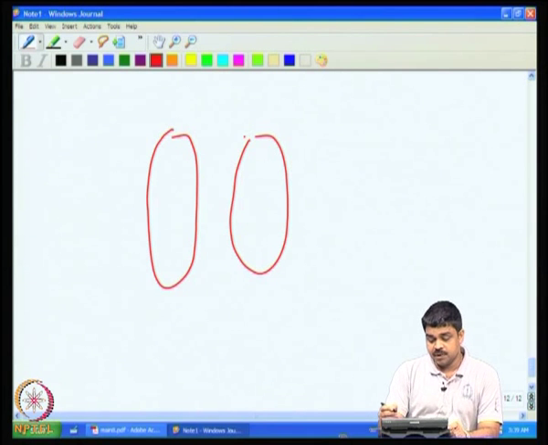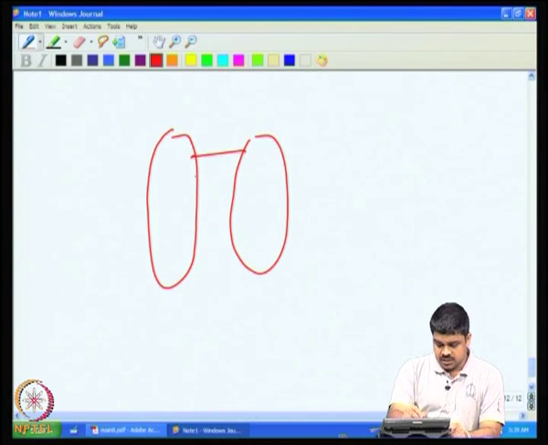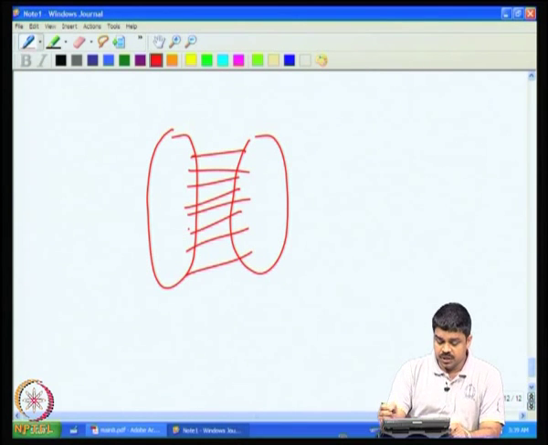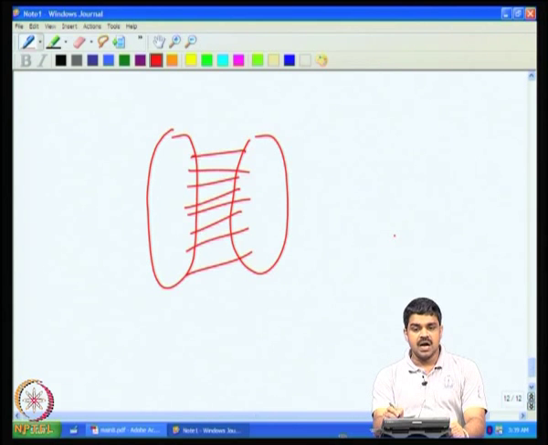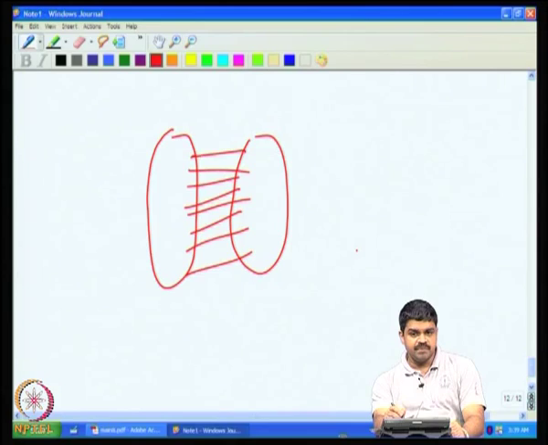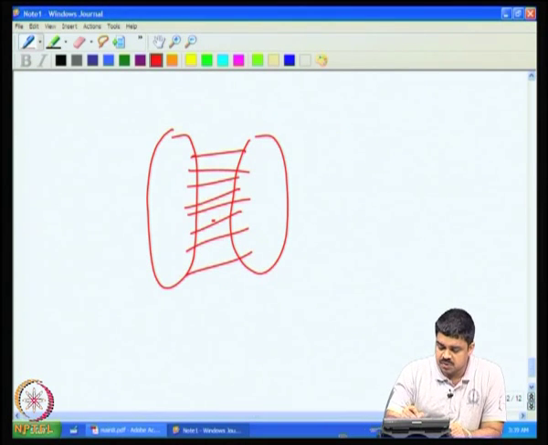If you are given a bipartite graph, these are the edges here, this is the undirected bipartite graph. Now if I want to make the cardinality of the minimum path cover as high as possible, the best strategy to orient the edges would be to orient all the edges from one side to the other. Why?